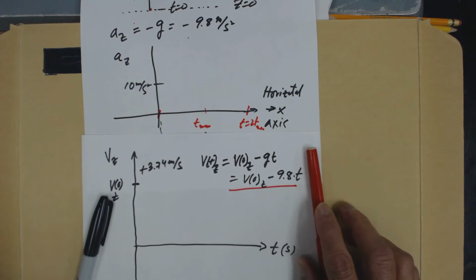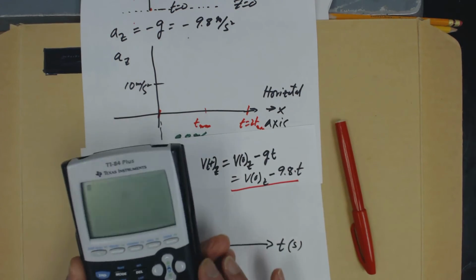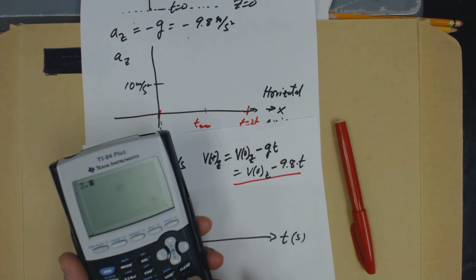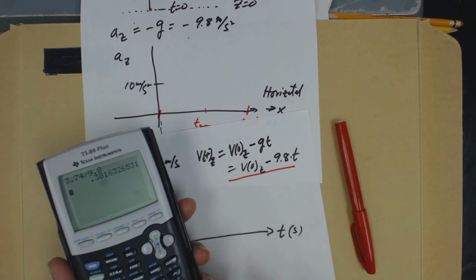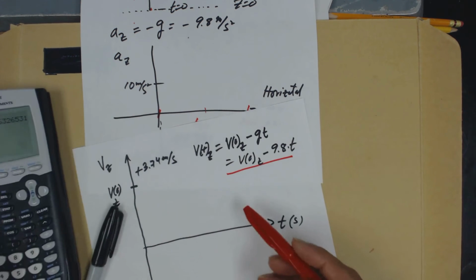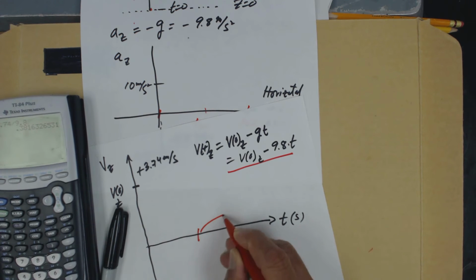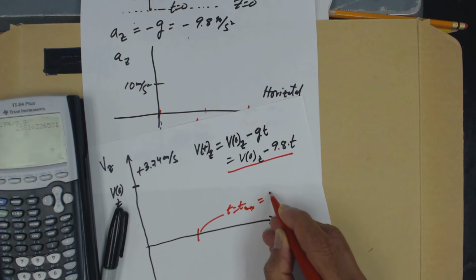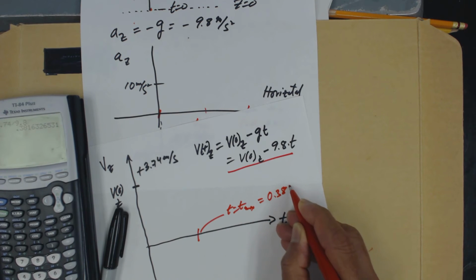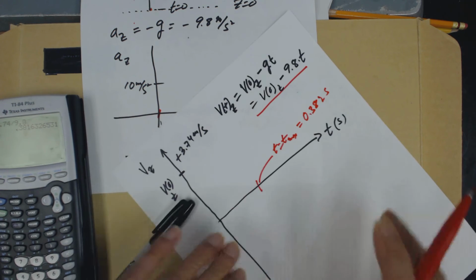I can recalculate: 3.74 divided by 9.8. Yes. So right here, when t equals t max, equals 0.382 seconds, velocity has come down to 0.